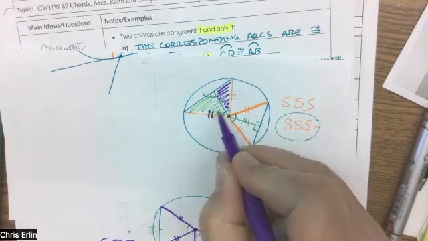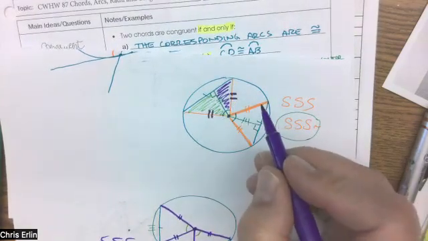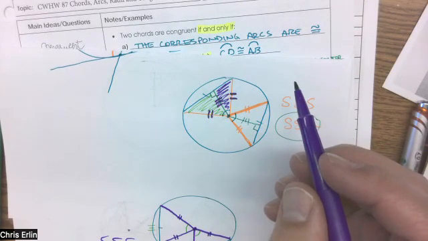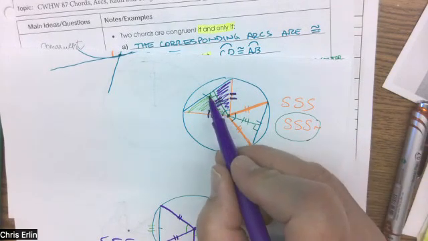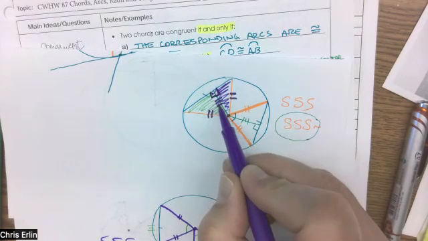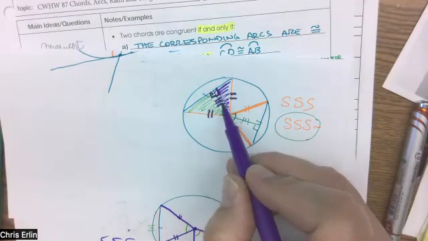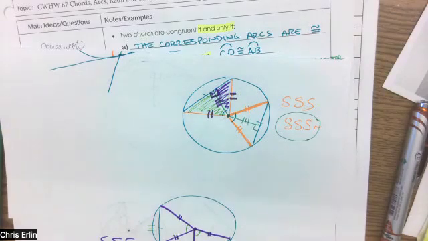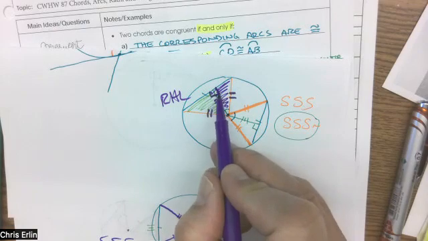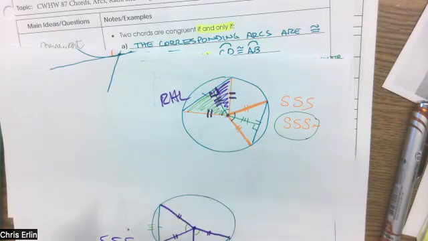They've got this side the same, and then they've got a reflexive side. And if this is a right angle, isn't this also a right angle? So are these two shapes just similar, or are they also congruent? They're congruent by RHL, right angle, hypotenuse, and leg.